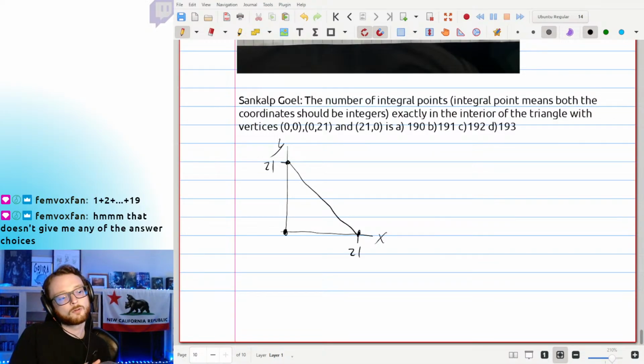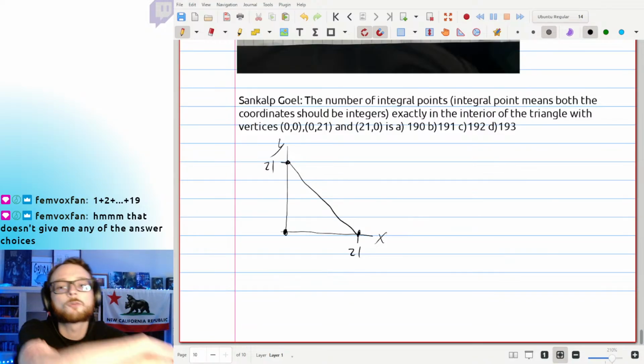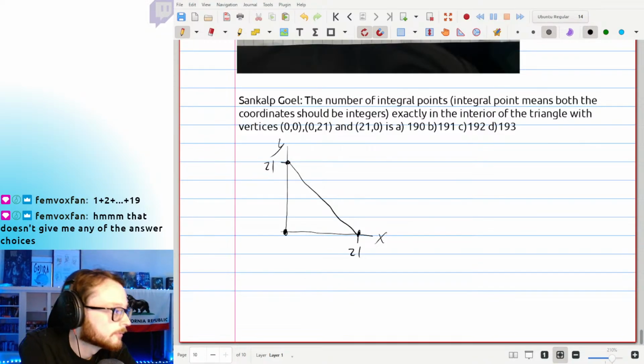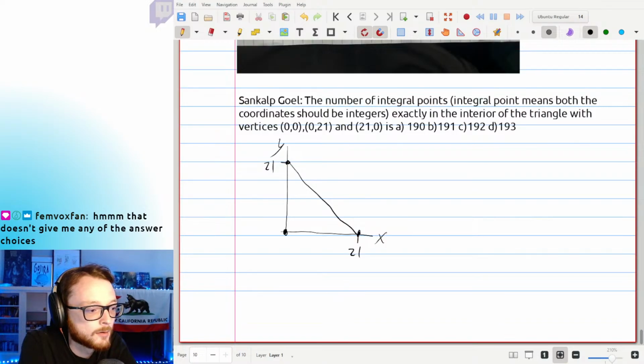So this feels like a combinatorics question. We can freely choose any 2 distinct points.